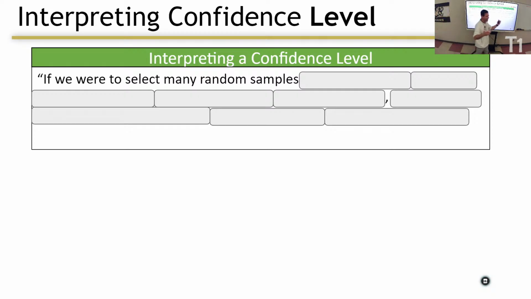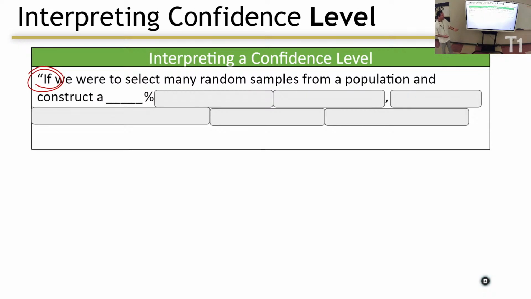Somehow or another, you have to talk about doing this over and over and over again. Now, don't be scared. How many times are we going to do it? Once.